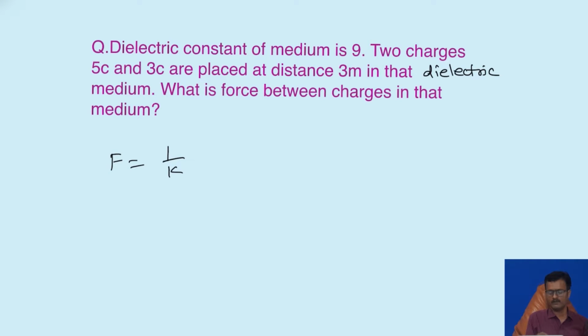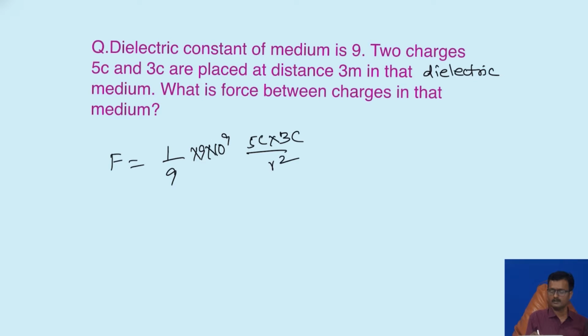So what is the formula for force when it is placed in a medium? That is 1 by K. See here, K times decreasing, that is 1 by K, 1 by 4 pi epsilon naught Q1 Q2 by R square. Okay, K is given, that is 9, 1 by 4 pi epsilon naught is 9 into 10 power 9, Q1 Q2 are 5C and 3C.